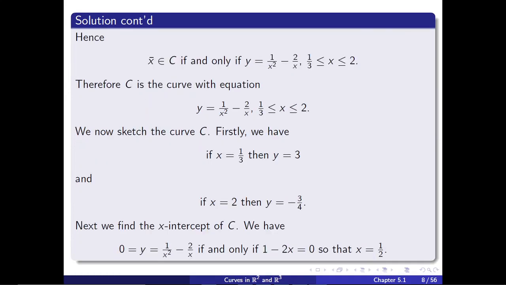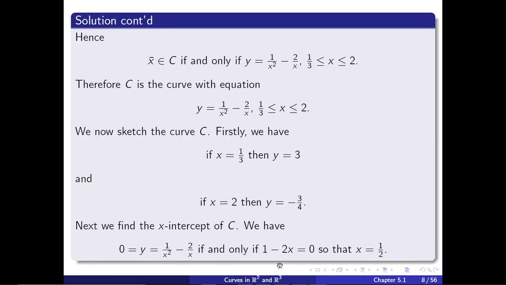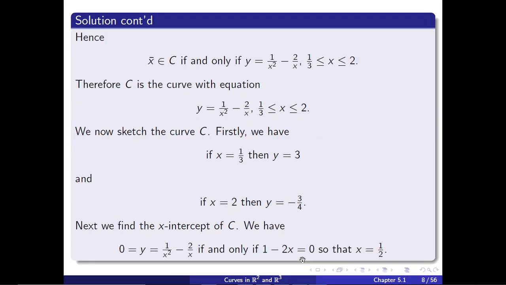And then we also want to find the interval for x, so we take the two values minus a half and 2, and plug them into the expression for x, and then we find out that x is in the interval between a third and 2, right?